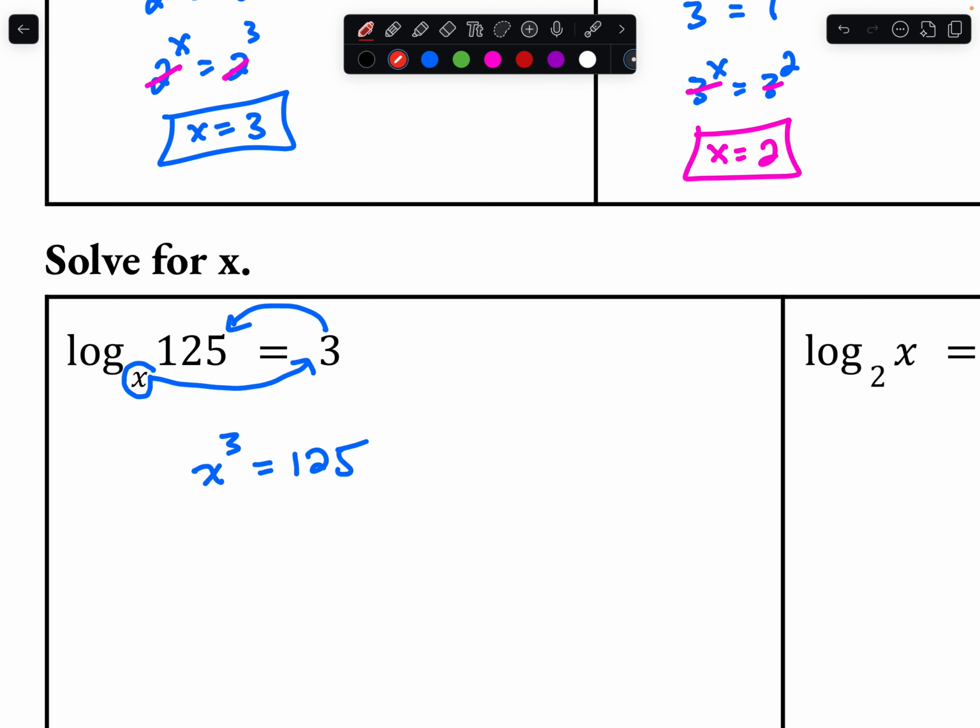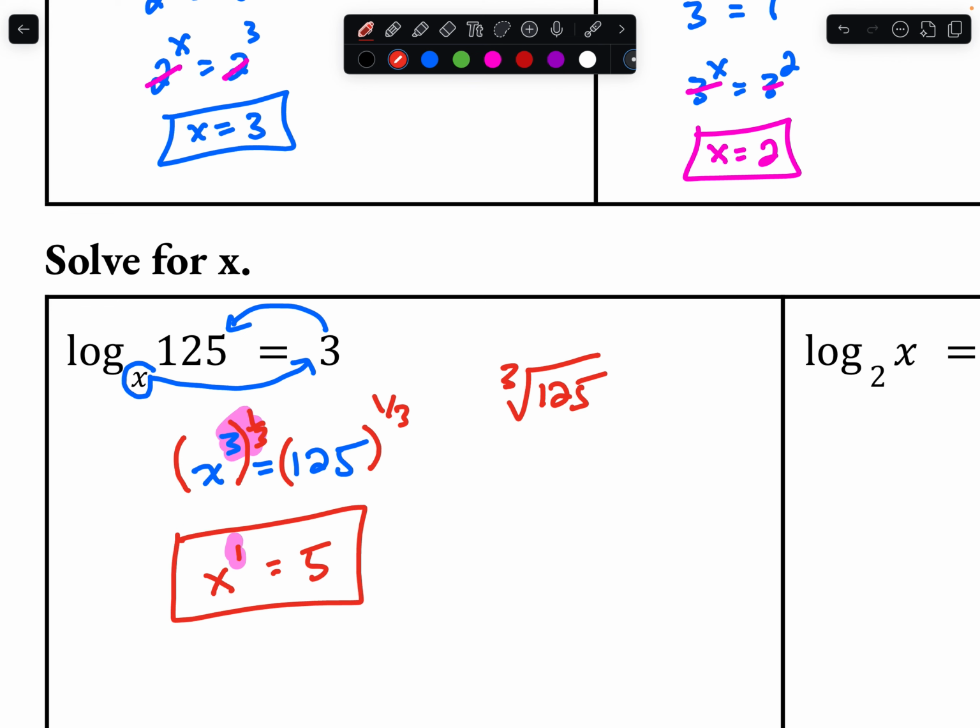On a side note, you can use your tables or your chart, but algebraically, if I want to get to x to the first power, I need to multiply 3 by 1/3, because 3 times 1/3 gives me 1. So if I raise both sides to the 1/3 power, this means the cube root of 125, or you can use your calculator, and you're going to get a value of 5.